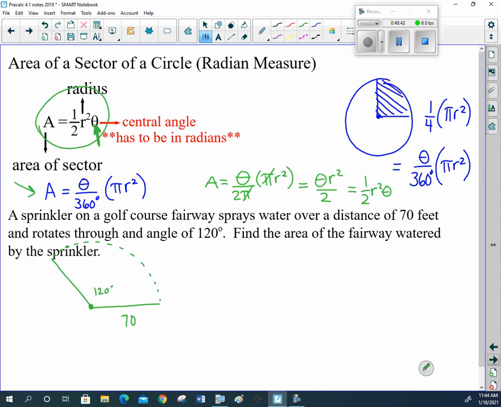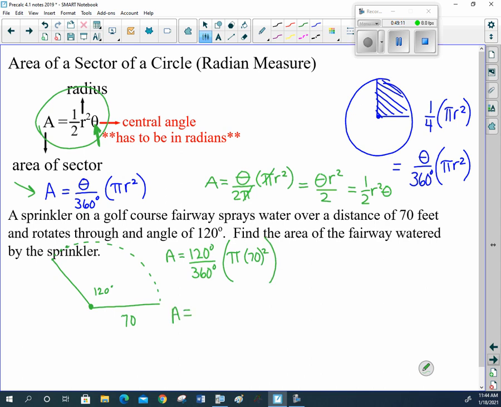So we'll say that's 120 degrees, okay? That's how it sprays. So we can use it the way it's set up because I know that I can say, okay, the area that it's spraying is 120 degrees out of 360 times pi r squared. 70, not 7. Let's change that to a 70. Okay. So this area turns out to be what?